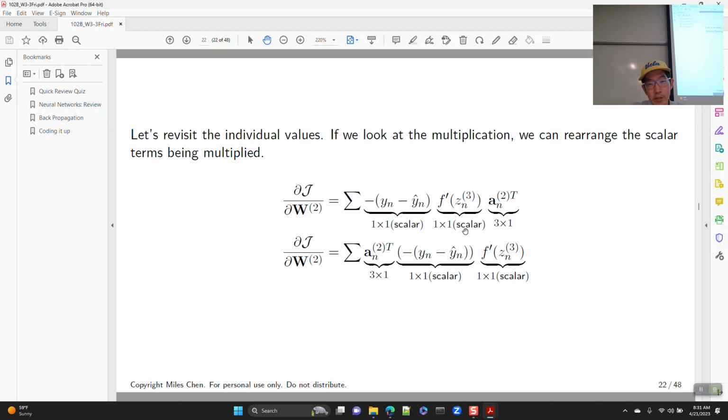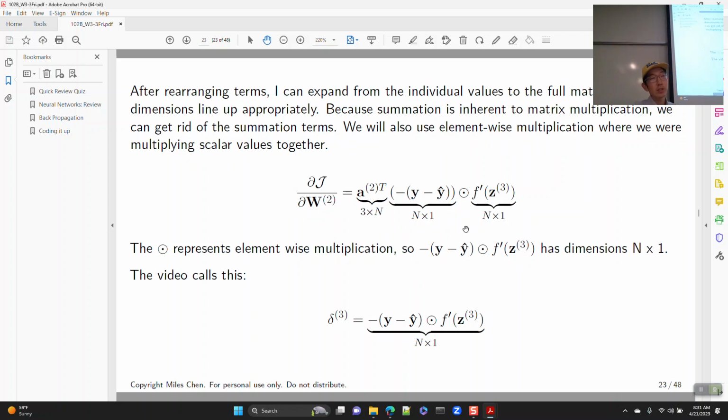Now, how do I deal with these y's? When I expand this, I'm going to get an n by 1, and when I expand this, I'm going to get n by 1. What we actually want is the first element times the first element, then the second y value times the second z value, the third y value times the third z value.